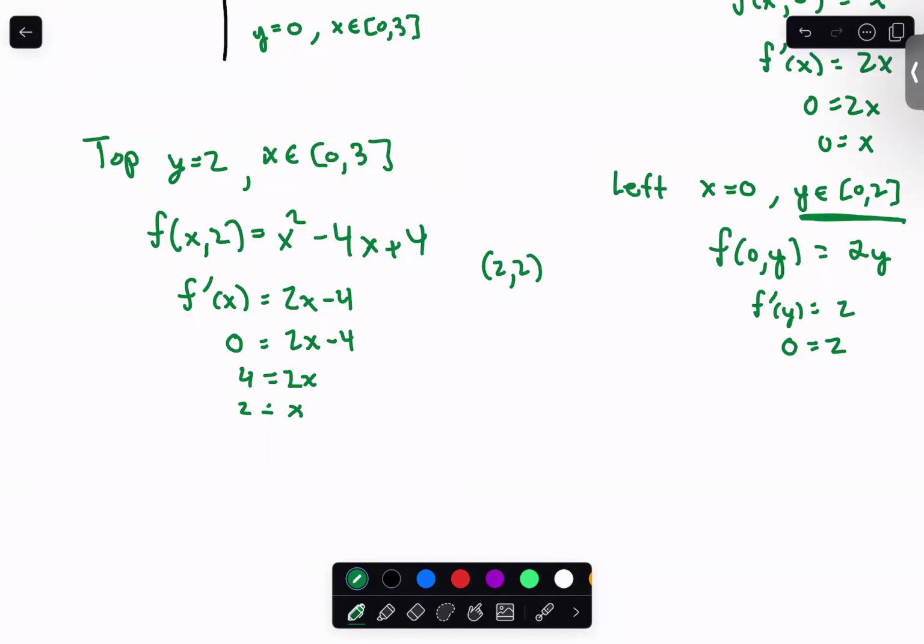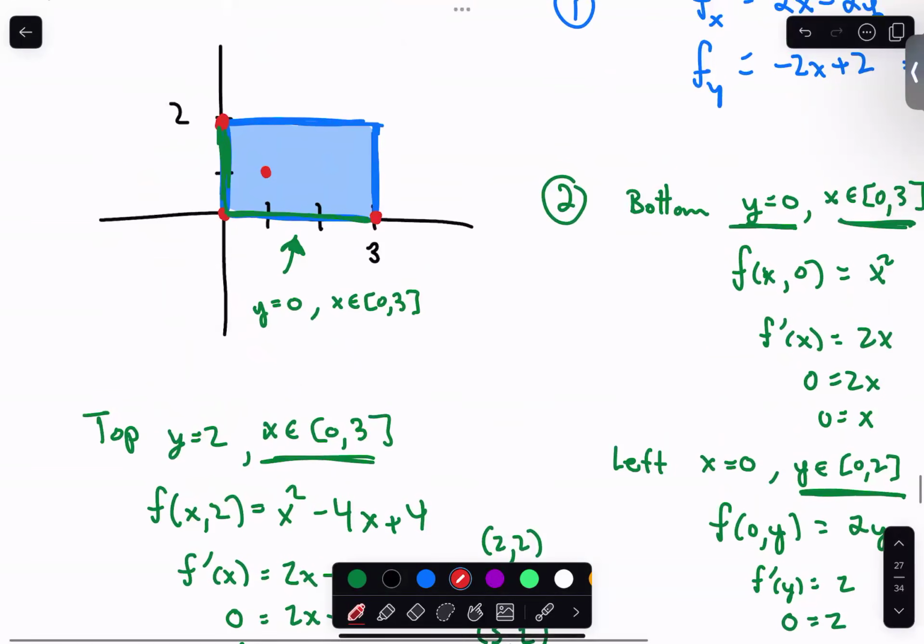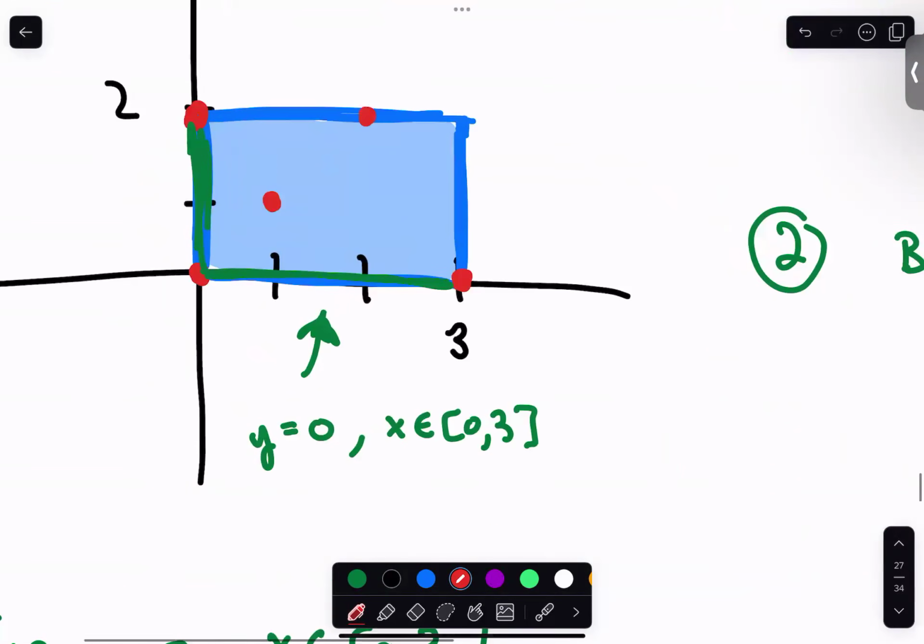So for the endpoints, we're looking at endpoints of the domain. So we have x equals 0, and again, we're on the curve y equals 2. And then we also have x equals 3, and again, we're still on the curve y equals 2 for the top piece here. So if I go up to my picture here, this is the first case where we get a critical point on our list that's not an endpoint, right?